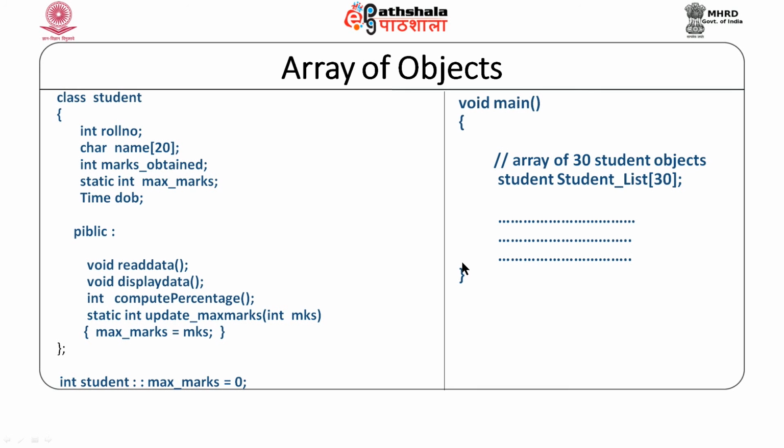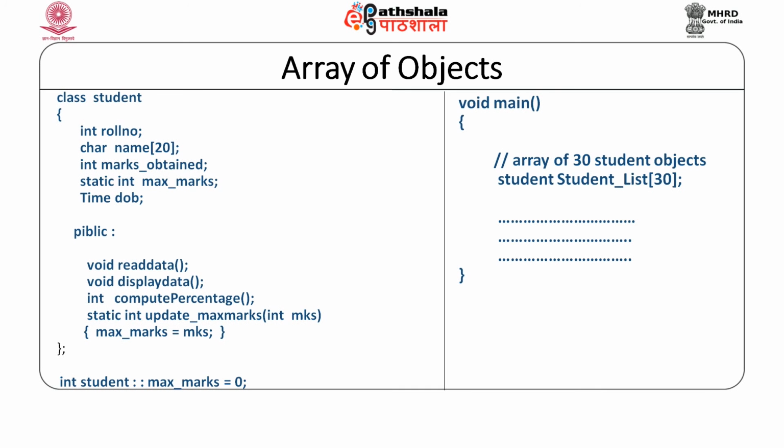Now, if I wish to store the information of the 30 students that are in my class, if my class has 30 students and if I wish to have an array of those 30 students, what I can do is I can say student, this is the name of the array and here I am specifying that I wish to store 30 students.